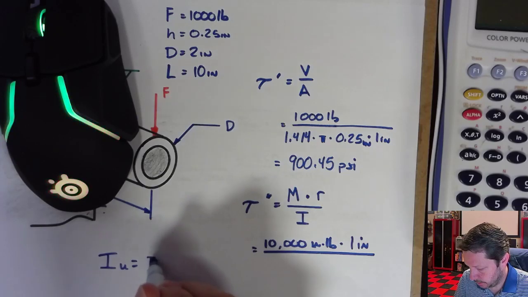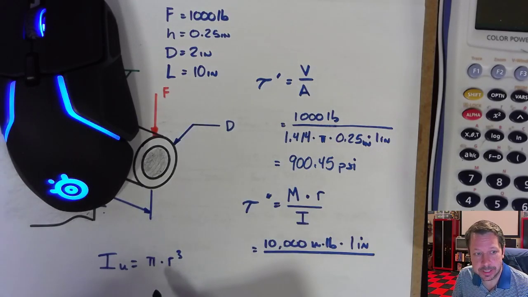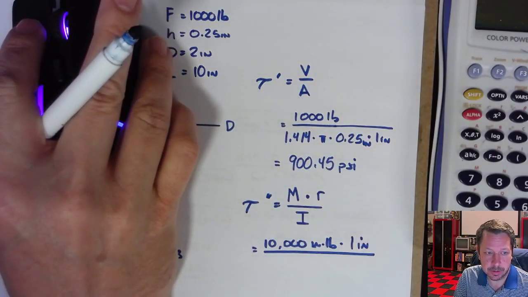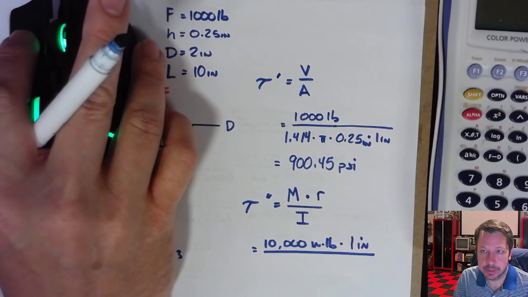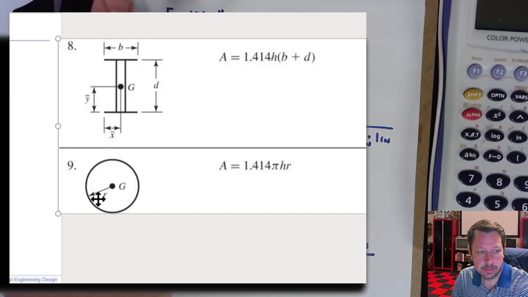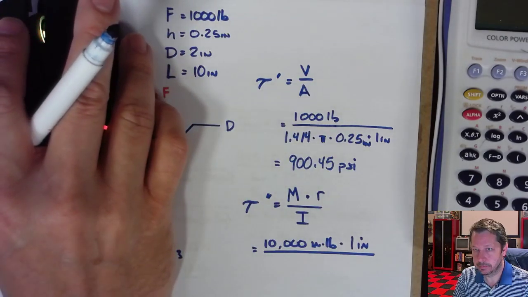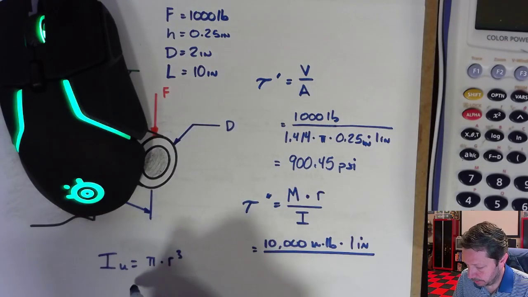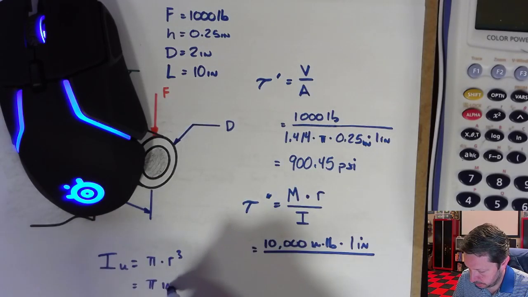Now, r for us is the radius of the circle. So we have the radius set at 1, so this is just pi. That's I_u, and it's pi inches cubed.